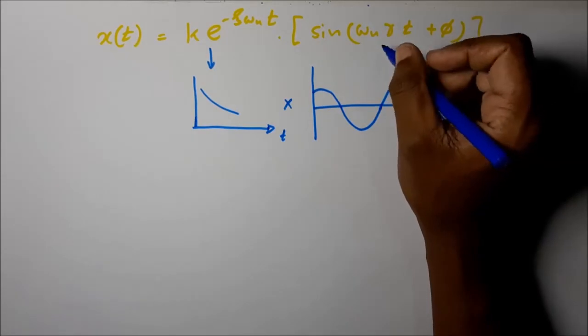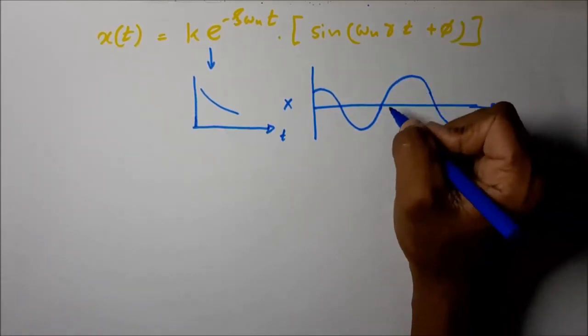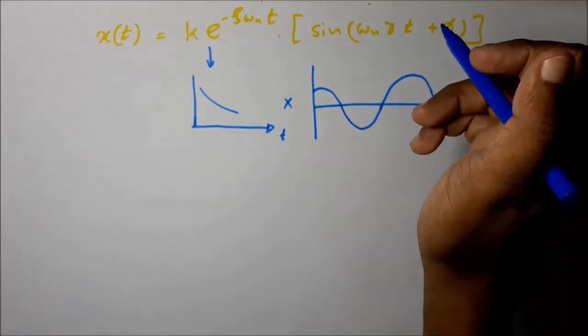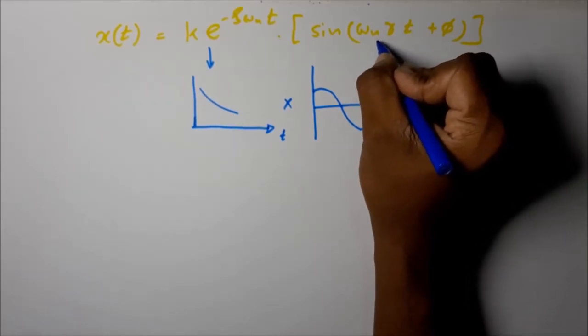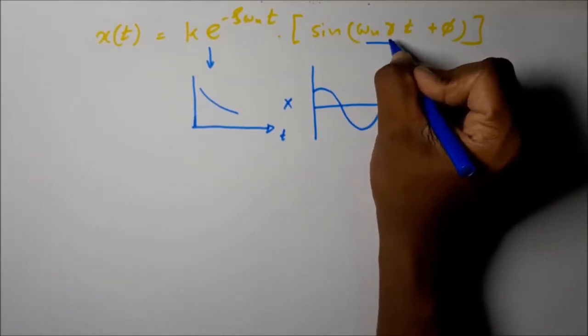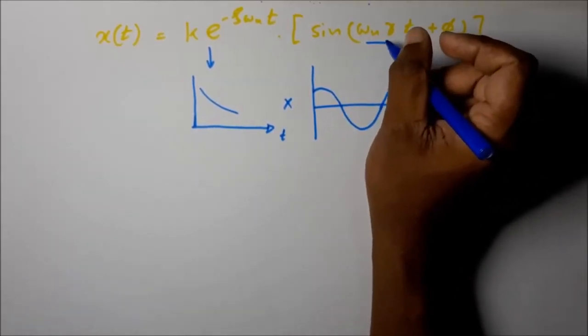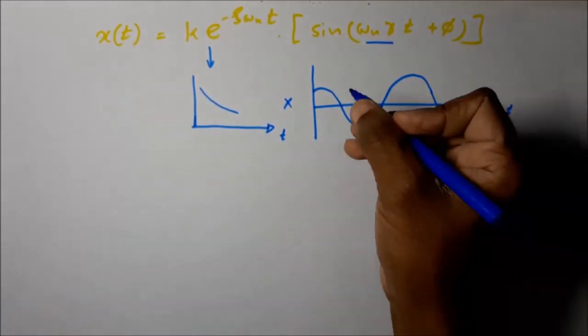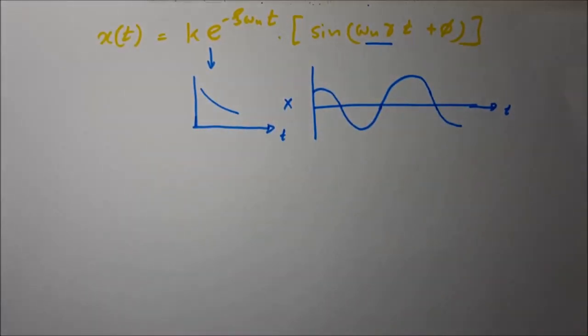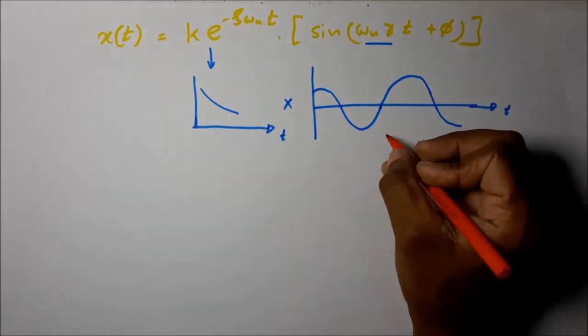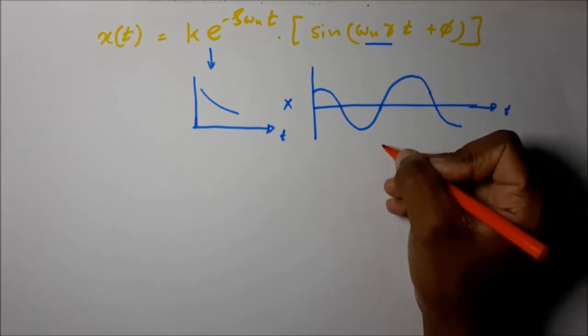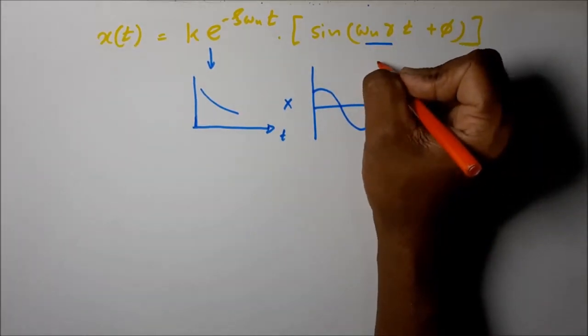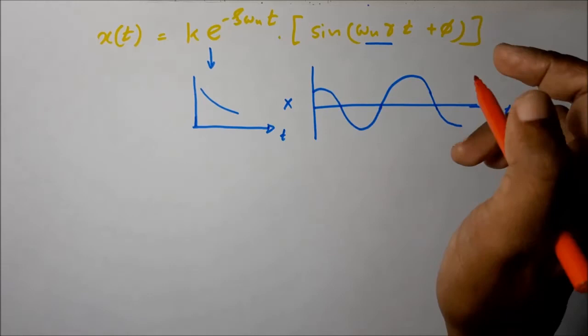For this function, the circular frequency is ωn γ. I think you are all familiar with this kind of function. We already discussed this one. That means this is the circular frequency for this kind of vibration.